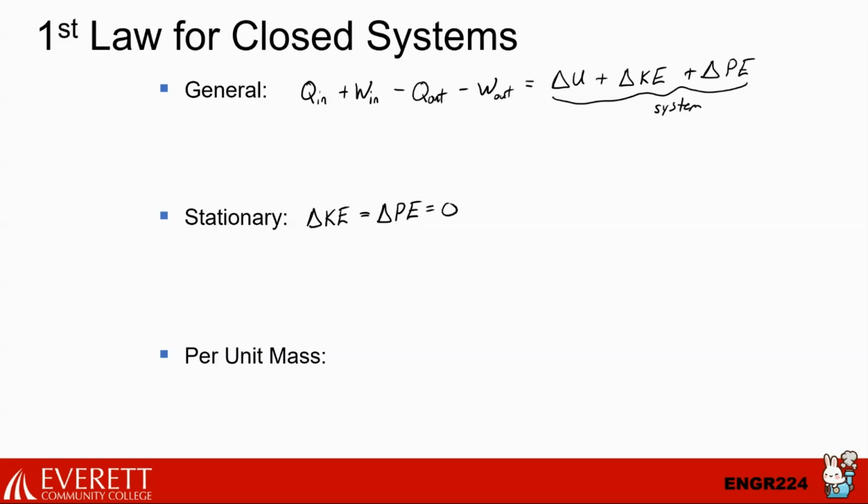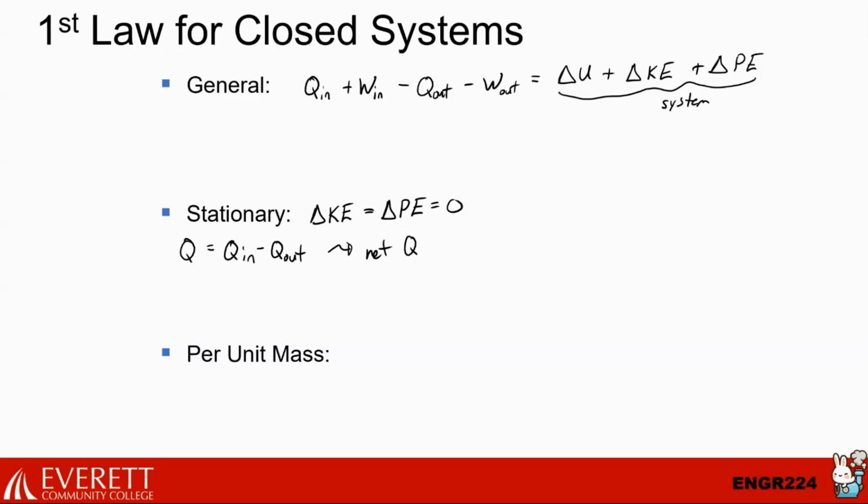And in that scenario, if we say, all right, well, our Q in minus our Q out is really our Q. So if we define for the stationary system work to be work out minus work in, this is a little weird because this is different from what we just wrote at the top for the general equation.